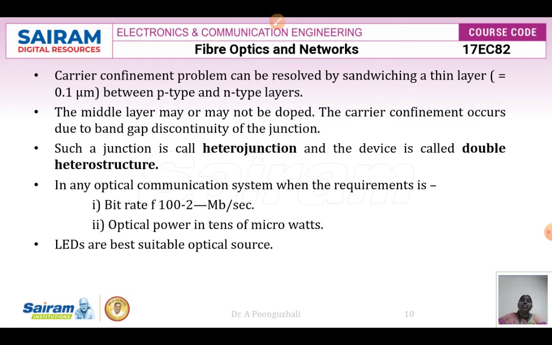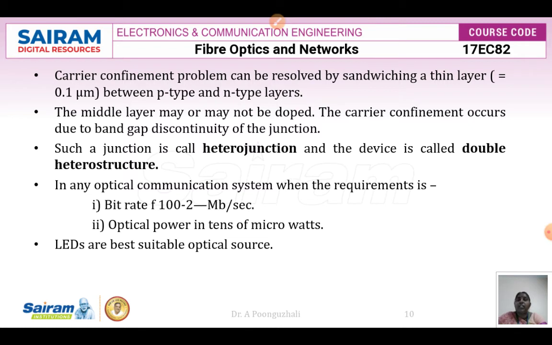Here, when I use a homojunction, there is going to be a carrier confinement problem. This carrier confinement problem can be resolved by sandwiching a thin layer between the P and N type material.